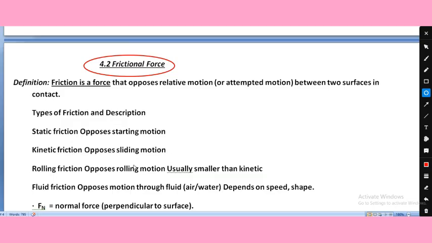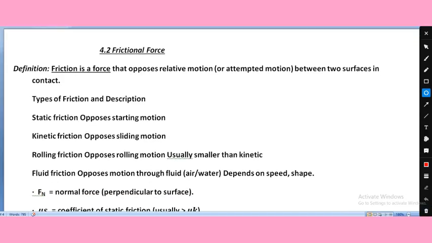Kinetic friction is the frictional force that opposes sliding motion, and rolling friction is the frictional force that opposes rolling motion, usually smaller than kinetic. There is also fluid friction, which opposes motion through a fluid. This fluid can be air or water, depending on the speed and the shape.